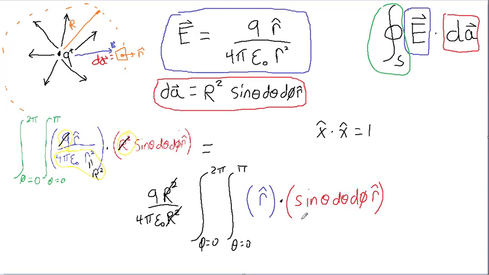R hat dotted with itself is 1, which means that this whole segment here can be rewritten. We can remove that dot product, and we simply end up with sine theta, d theta, d phi.